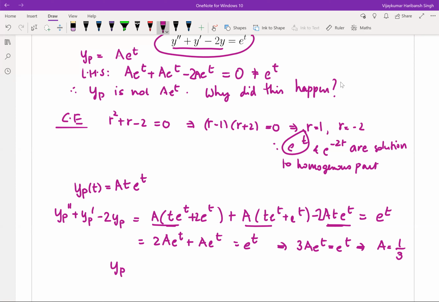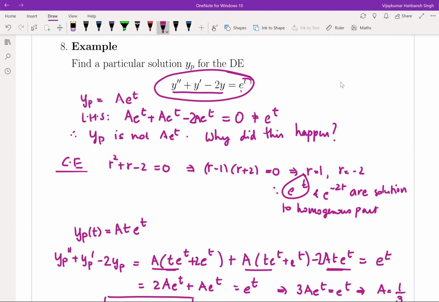My yp here is going to be 1/3 t e to the power t. So this is your yp in this case. Since e to the power t was also a solution to the homogeneous part, we have to multiply it by an extra t. So we can see how to go about it.